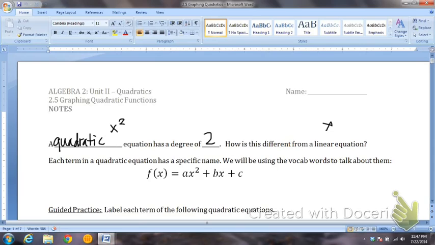So we talked about that this term right here is called the quadratic term because it has the 2, right? This is called the linear term because it makes a line because it's degree 1. And then this term is called the constant term. All right?